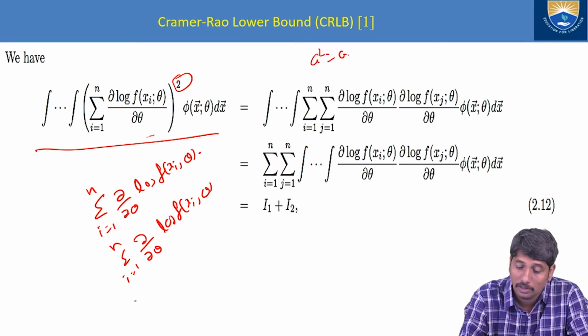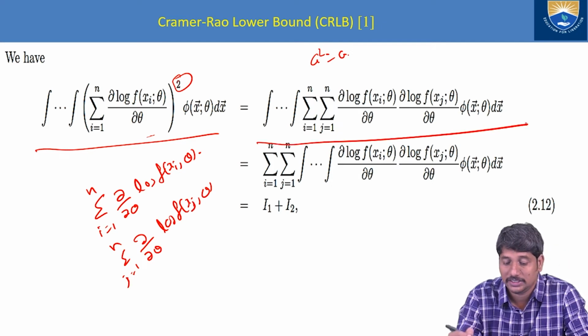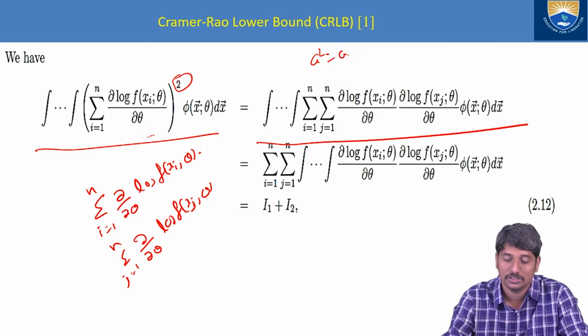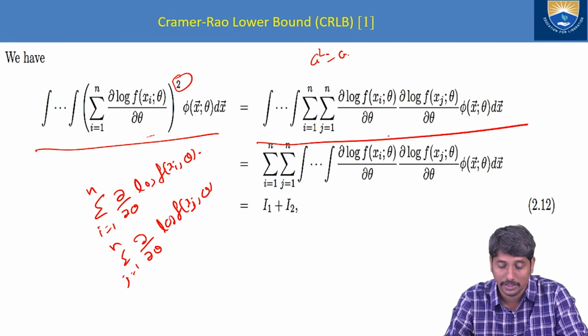That's what we have done. But in the place of i, we are just writing j as a formal notation. Then we will get this step. So we just have written the square: a square means a into a, so this is a into a. That is what we have written here.